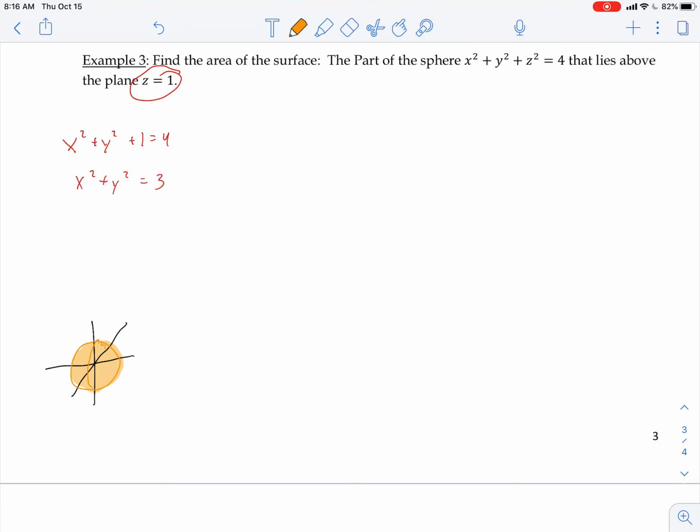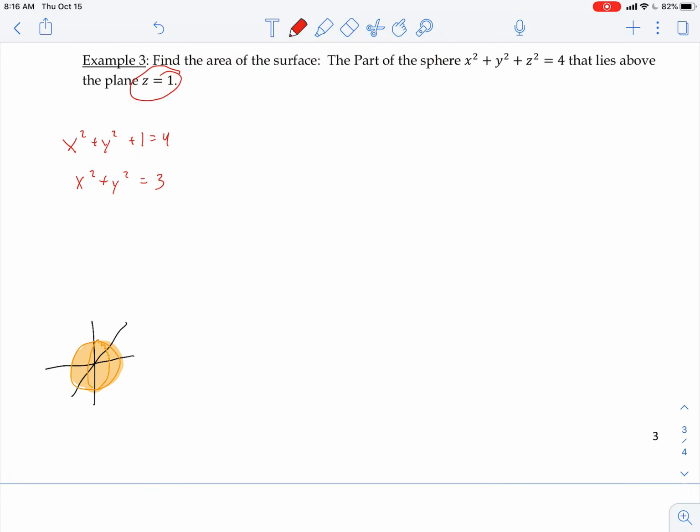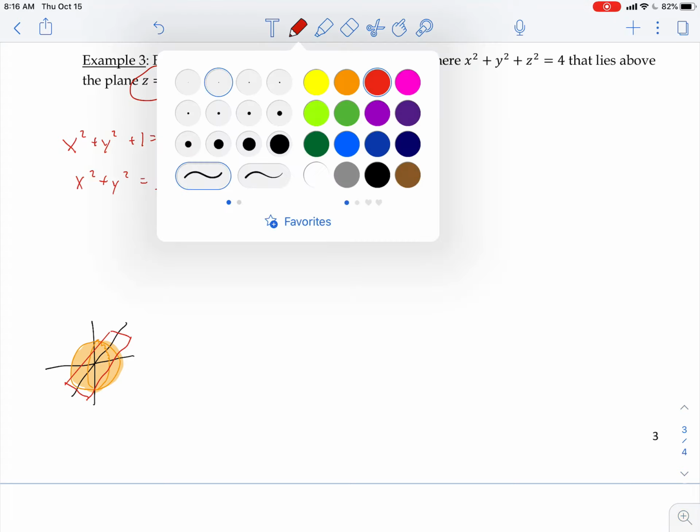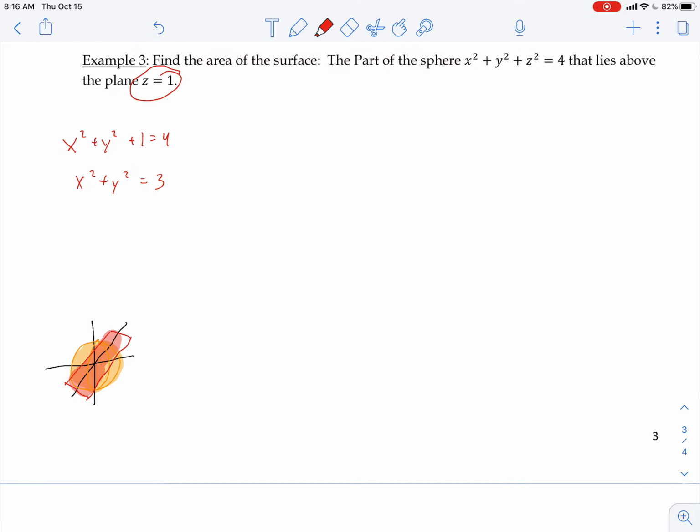And then we have a plane that's cutting that sphere.